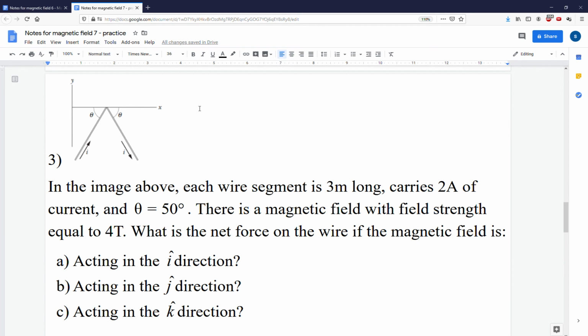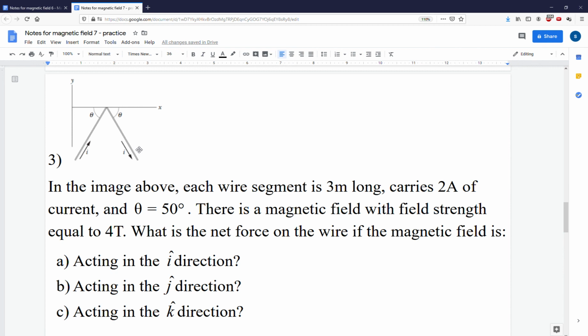However, direction. If we use the right-hand rule, for the first segment, the current is going up and to the right, and the magnetic field is going toward us, which means that the force should be down and to the right. For the second segment of wire, the length of the wire is going down and to the right, and the magnetic field is going toward us, so the direction of force should be down and to the left.